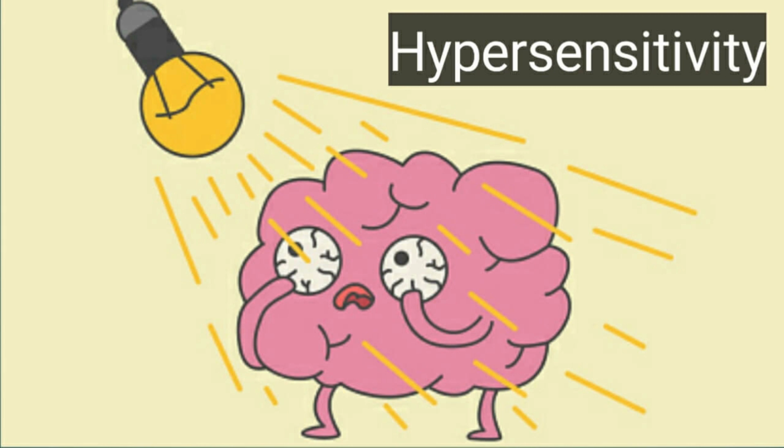An induration of 5 mm or more is considered a positive test. Antigens typically used for testing are Candida albicans, tetanus toxoid, tuberculins, and fungal antigens such as trichophyton and histoplasmin.